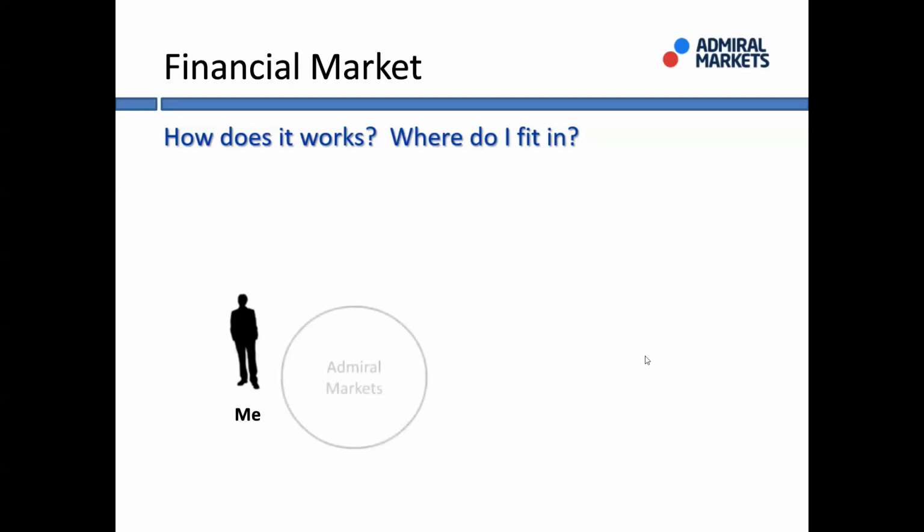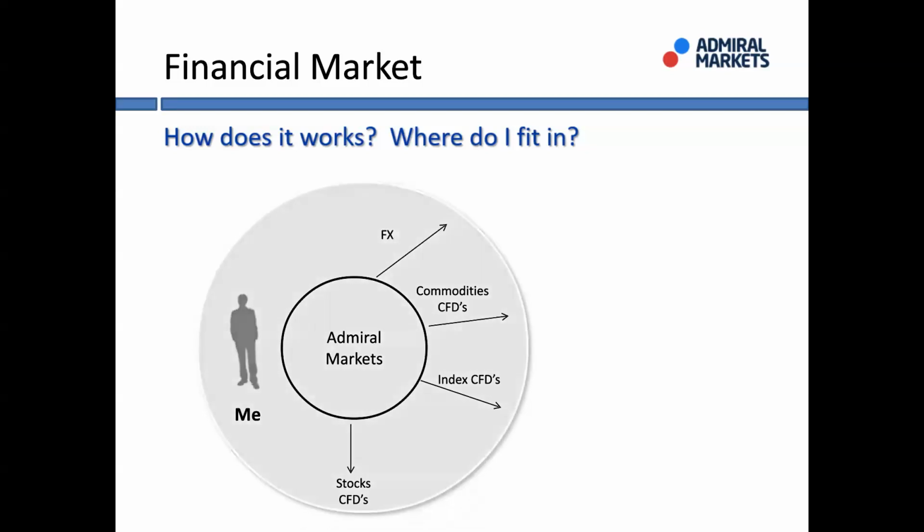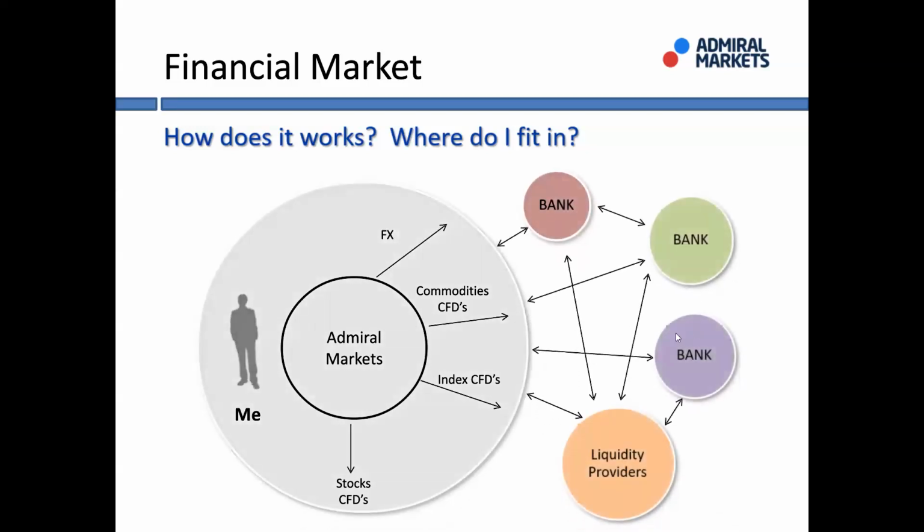So best thing to do is find yourselves a regulated broker. That's where someone like us comes into the picture. We would act as kind of a bridge. We're going to link you up to all these different markets. But what goes on in the background, we'll see. So we've connected you to all of these different markets here: Forex market, commodities, indices, etc. In the background, we've got a bunch of other players, liquidity providers.